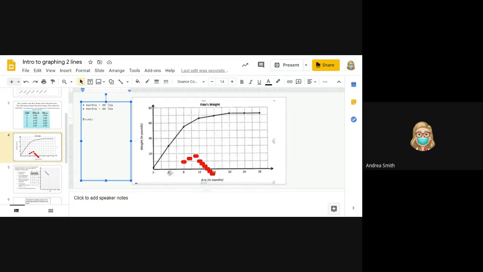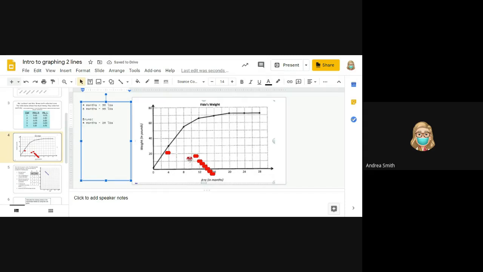If Fido at 4 months weighed 30 pounds, let's say Bruno, and I'm going to use the red to represent Bruno. At 4 months, let's say Bruno weighed 20 pounds, and we'll put that right there. So Bruno at 4 months weighed 20 pounds, okay?